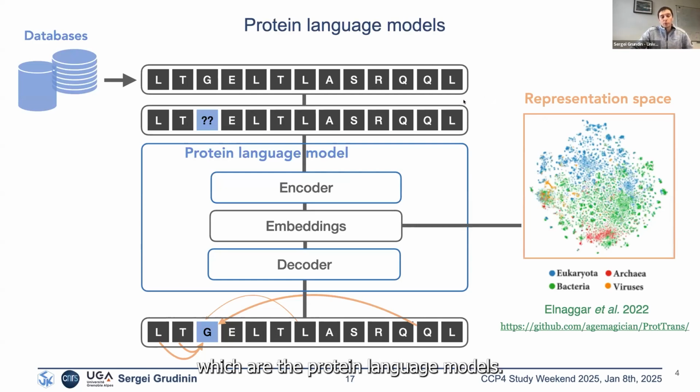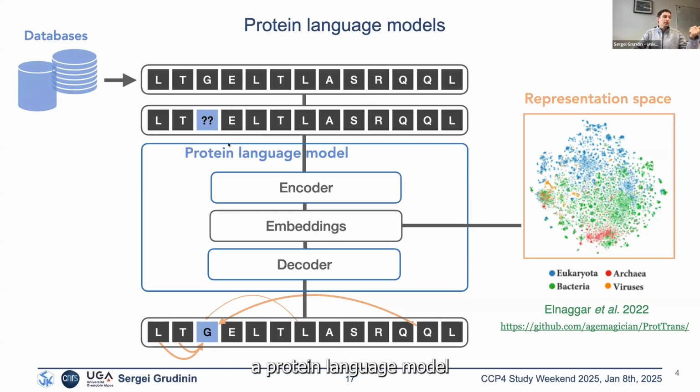What are the protein language models? These are unsupervised or self-supervised models that train some latent spaces or embeddings by solving a masking task. What does it mean? It means that we start from a protein sequence, and we mask nucleotides. Here I show only one masked nucleotide.